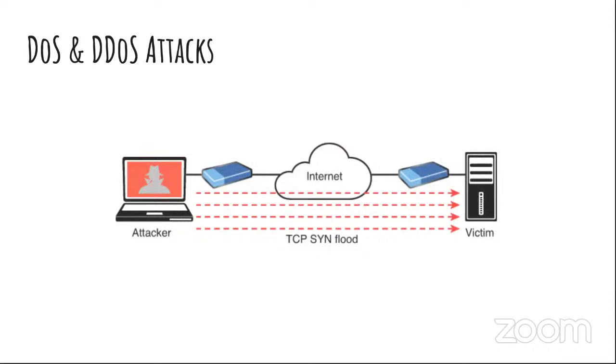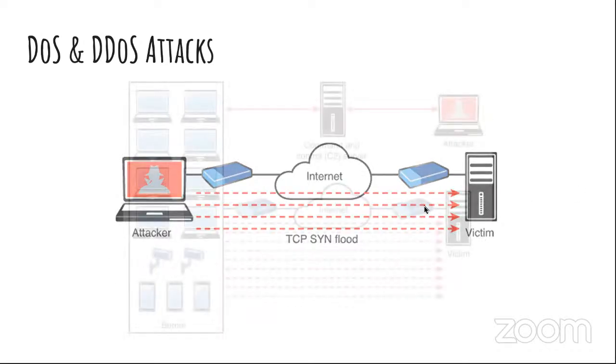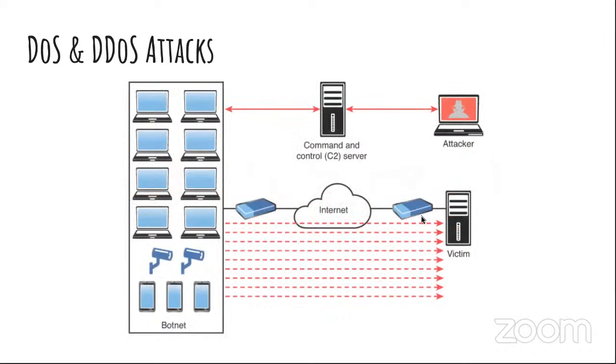Denial of service and distributed denial of service attacks are an annoyance. It's not like pass the hash, where you get access into something. Both of these have the same effect of just sending so much noise to a system that it's unable to process any legitimate requests.